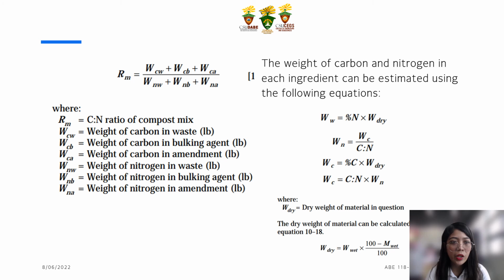So the CN ratio and nitrogen content of the manure and other amendments are highly variable, so using local values for CN ratios and nitrogen for testing the compost constituents is highly recommended.